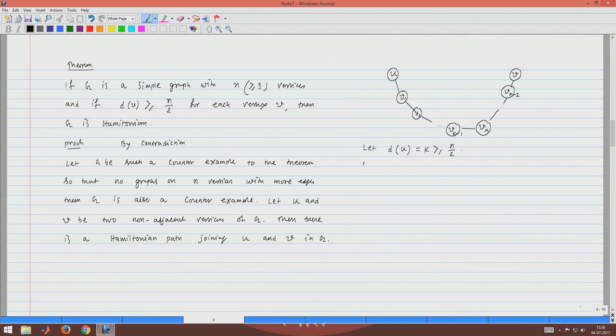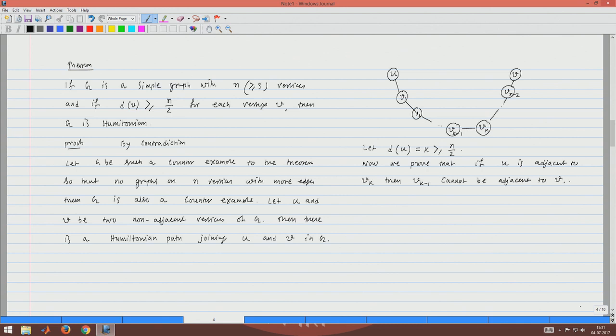Now, we prove that if u is adjacent to vk, then v(k-1) cannot be adjacent to v.